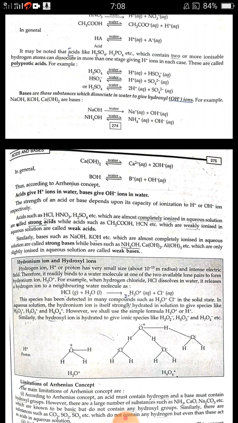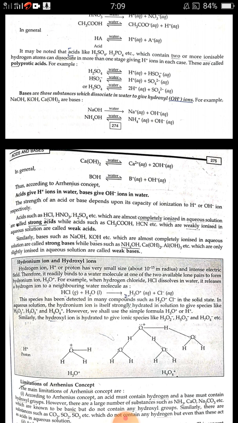Then we discuss the strength of acids and bases. In this concept, the strength of acid and base depends upon the capacity of ionization to H positive and OH negative ions. Acids which are completely ionized in aqueous solution are called strong acids, and acids which are weakly ionized in aqueous solution are weak acids.